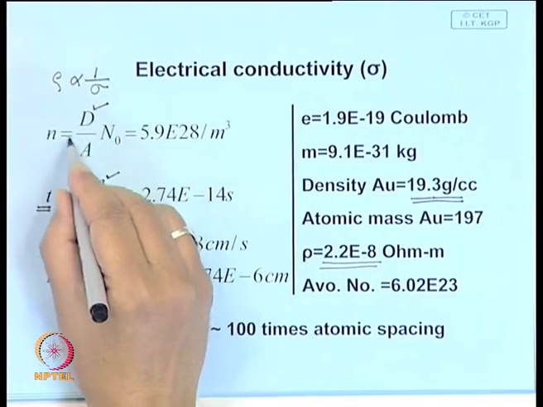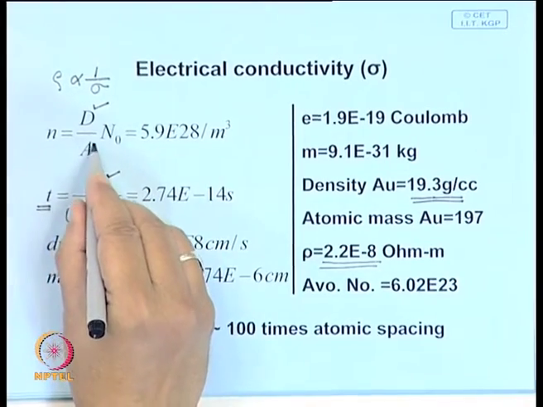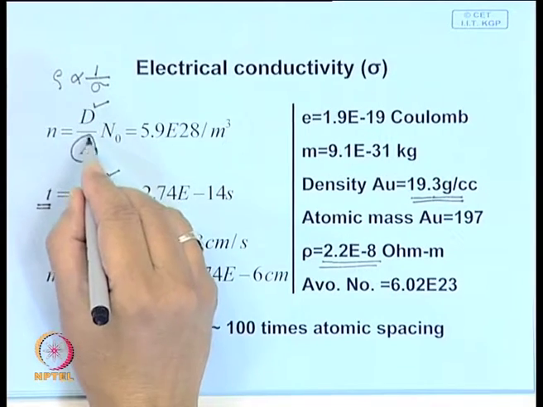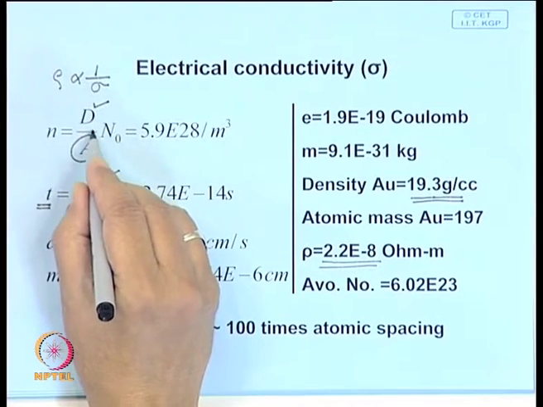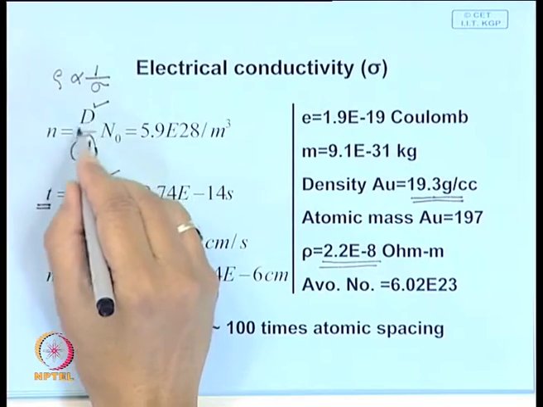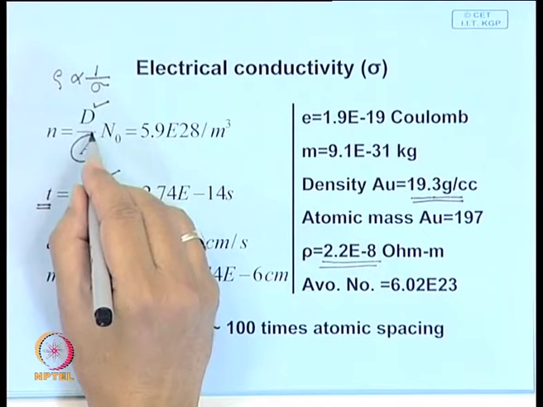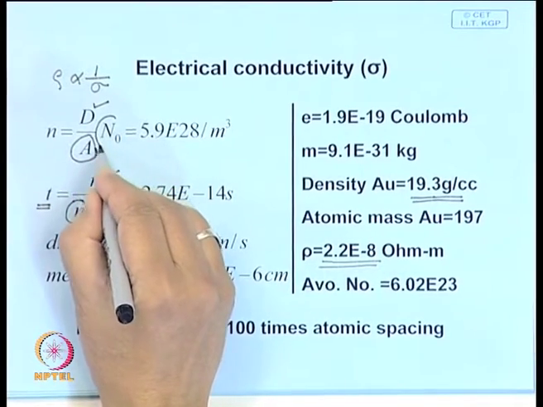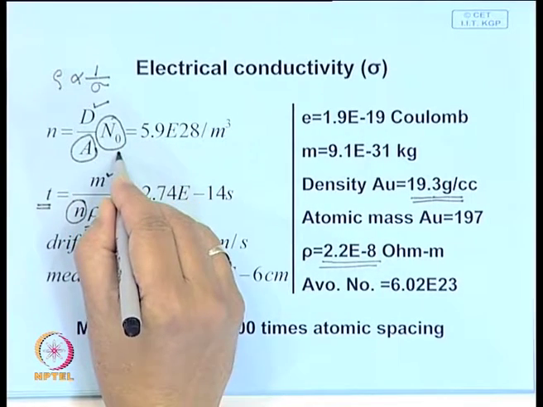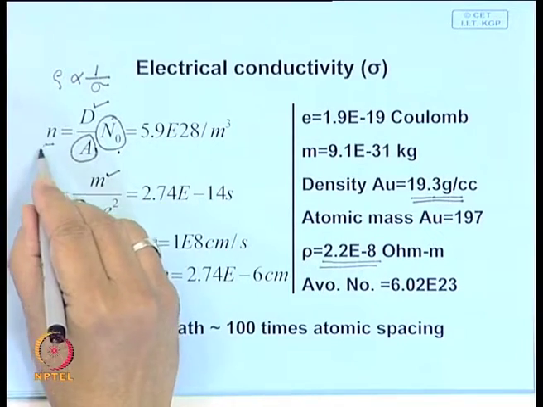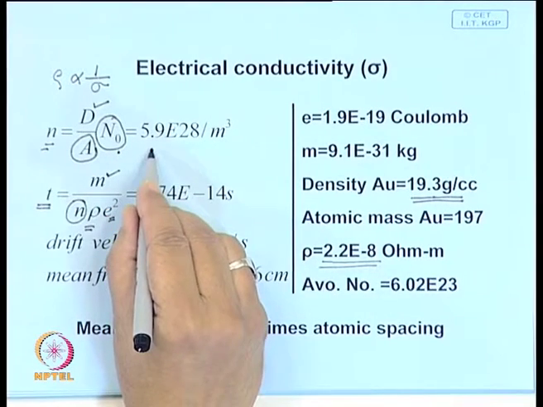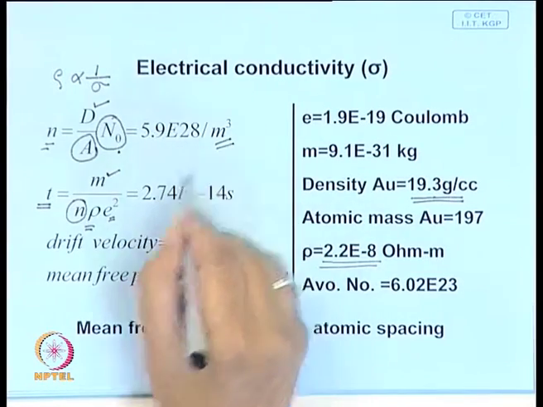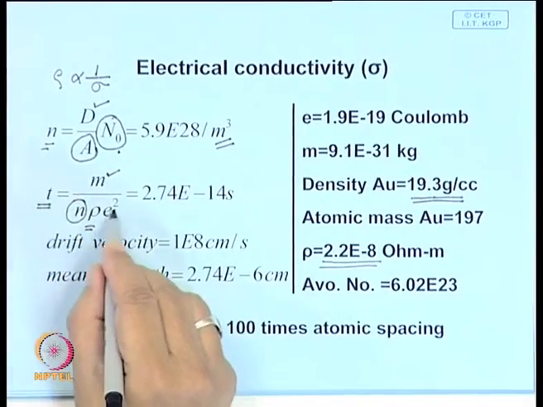If you divide this by its atomic weight, you get the number of moles in 1 cc of gold, and then you multiply it by the Avogadro number. So, then you get n per cc, and you need to convert it into meter cube to substitute in this expression.